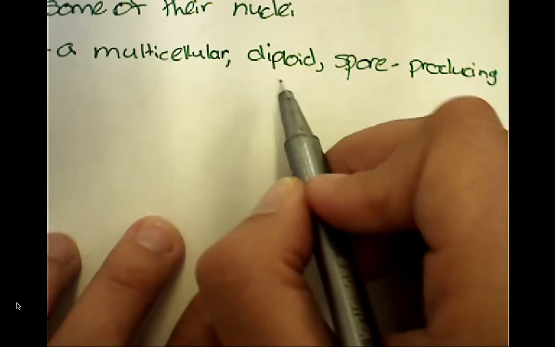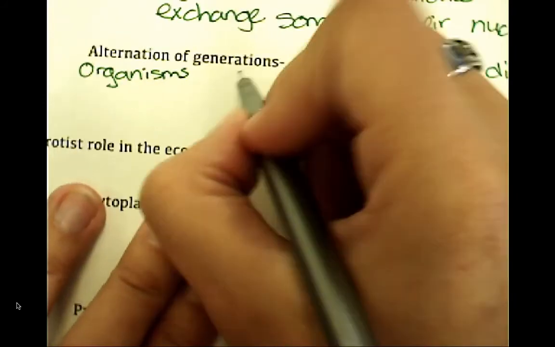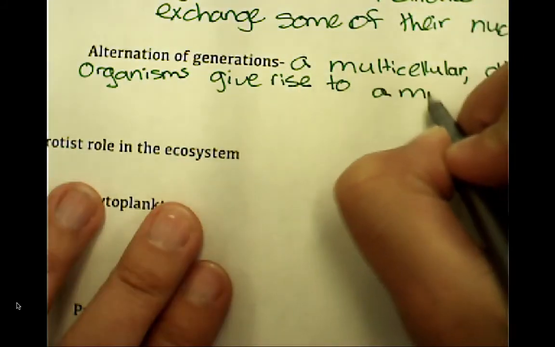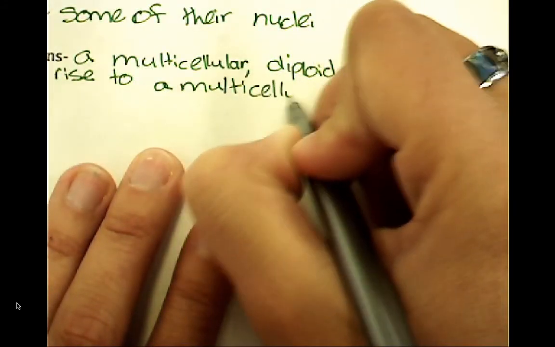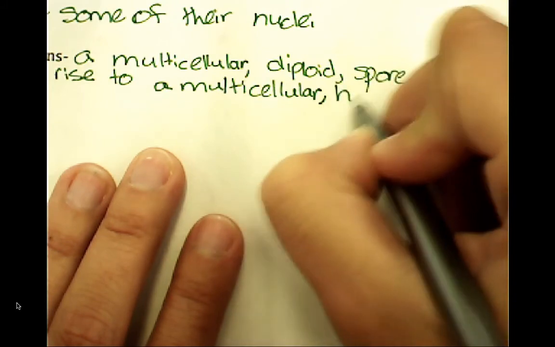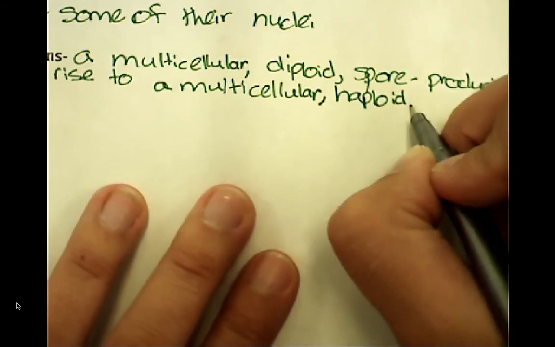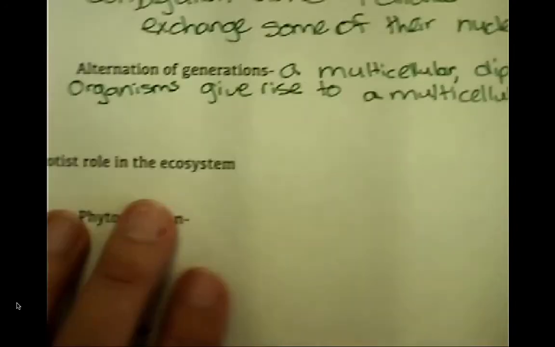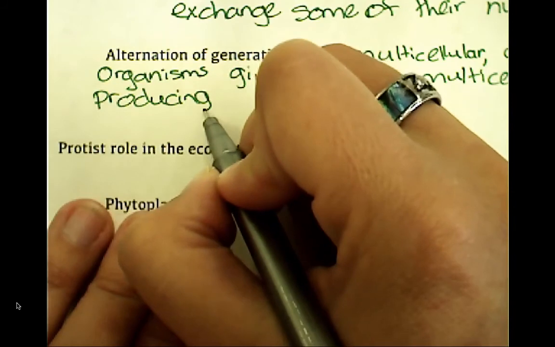So a multicellular diploid spore-producing organism gives rise to a multicellular haploid, so only has half the amount of chromosomes, only one N, gamete producing organism.